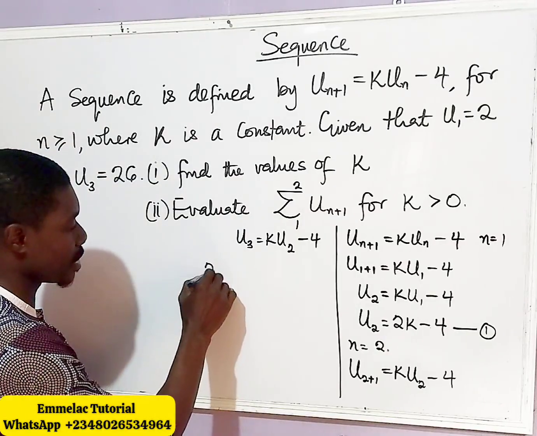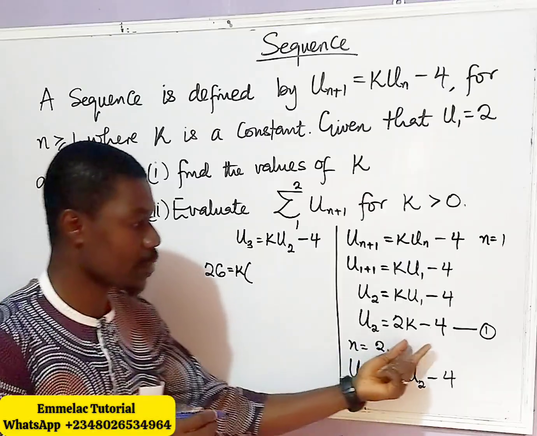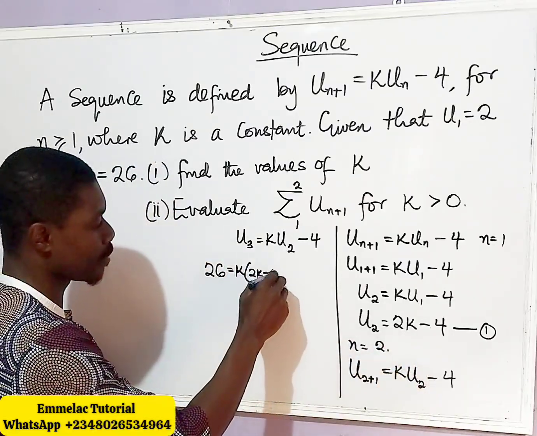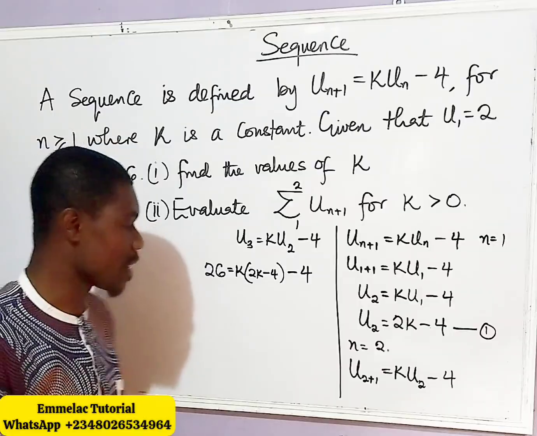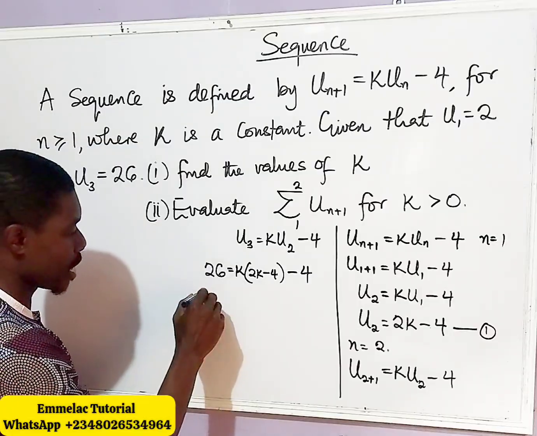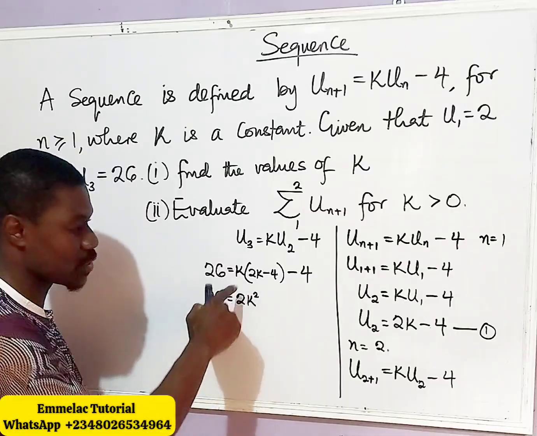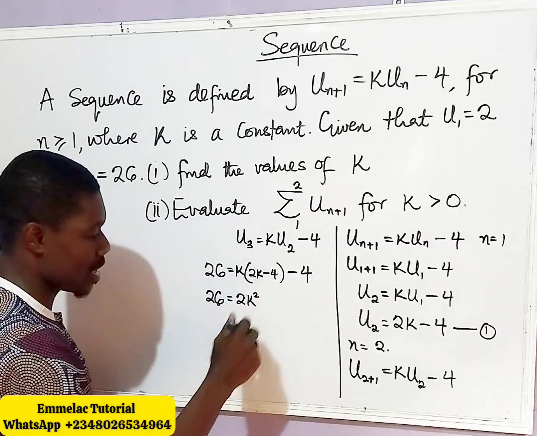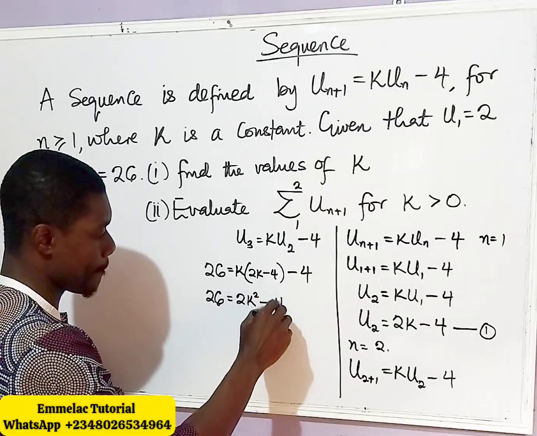So we say 26 equals k times, plug in 2k minus 4 for u sub 2, then minus 4. Opening this bracket, if you distribute k with whatever is in the parentheses, you have 26 equals 2k squared minus 4k, then minus 4.